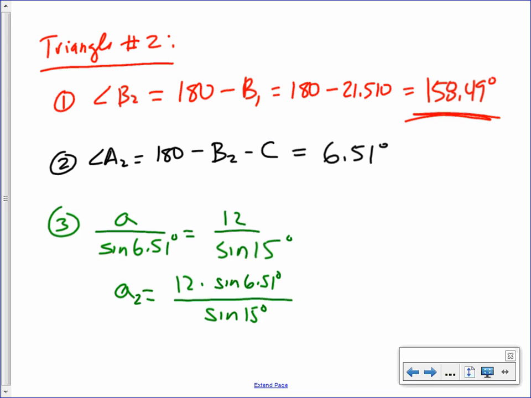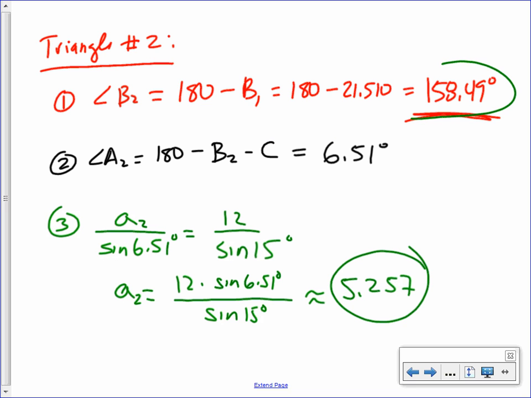So A2, I should say, is about 5.257 units. That's 1, 2, 3, all three missing parts for that triangle. Told you this was going to be fun.